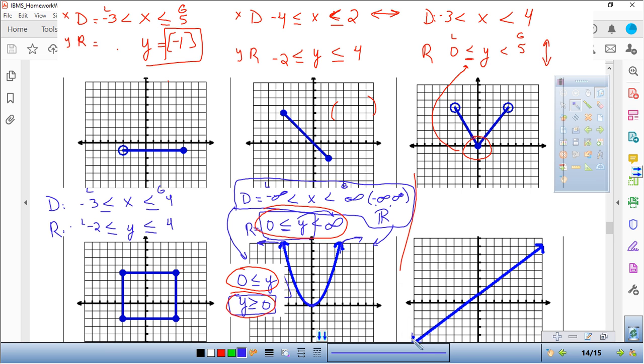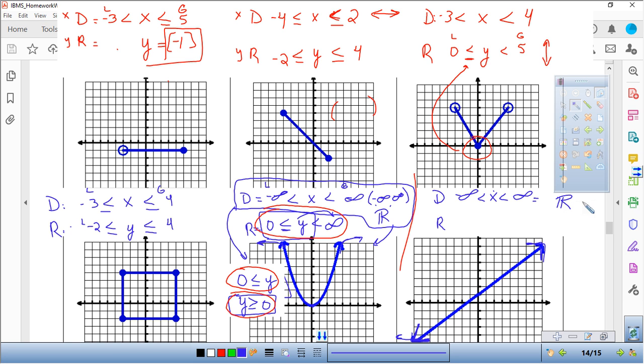The last one over here has an arrow pointing out in both directions. Domain, range, we approach it the same way. What's my furthest left? This one goes forever in that direction. This one goes forever in that direction. We're not going to say this. All you're going to say is all real numbers.